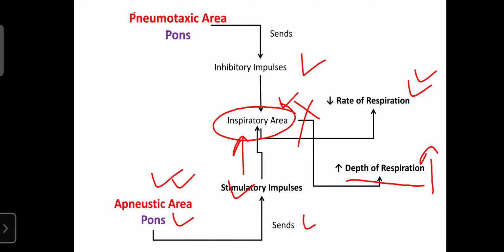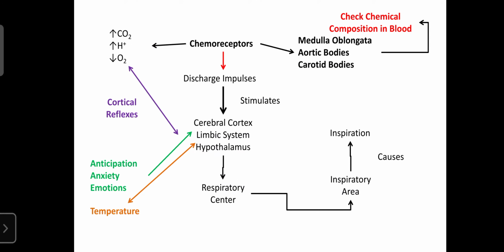So next one is the regulation of respiration by chemoreceptors. These chemoreceptors are mainly present in the medulla oblongata, aortic bodies and carotid bodies.